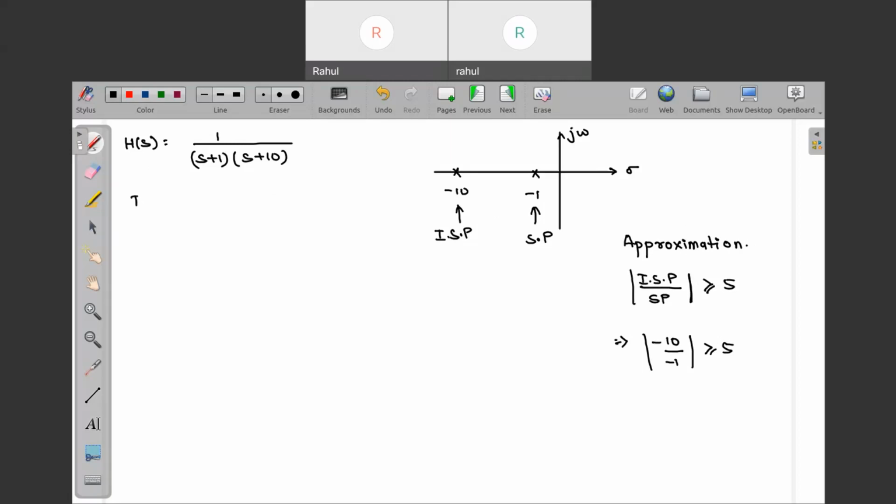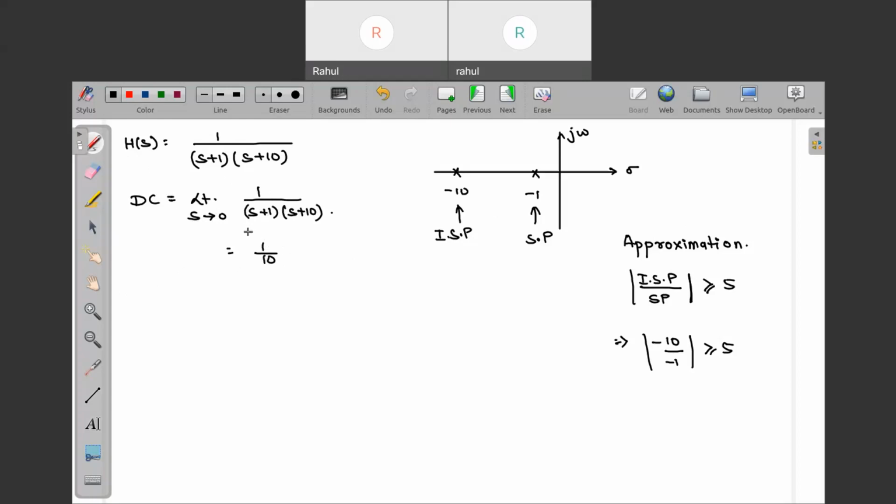What is the DC gain over here? As this is type 0, limit s tends to 0 of 1 by s plus 1, s plus 10, so this will be 1 by 10. So DC gain before approximation is 1 by 10.